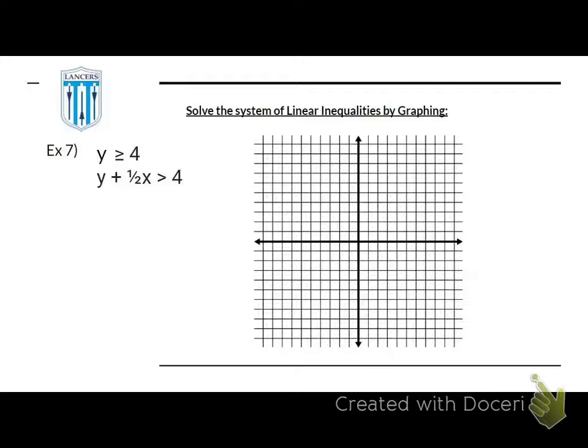All right, on example 7, what's special about that top line? There's only one variable there. That variable is y. That makes this a horizontal line. No, you don't have to write it, but for those of you who didn't recognize it, you might want to.